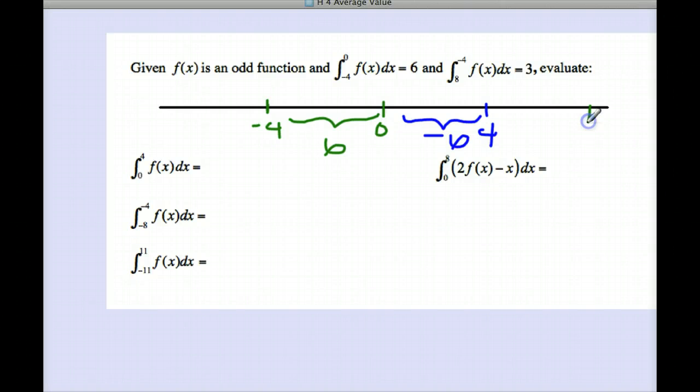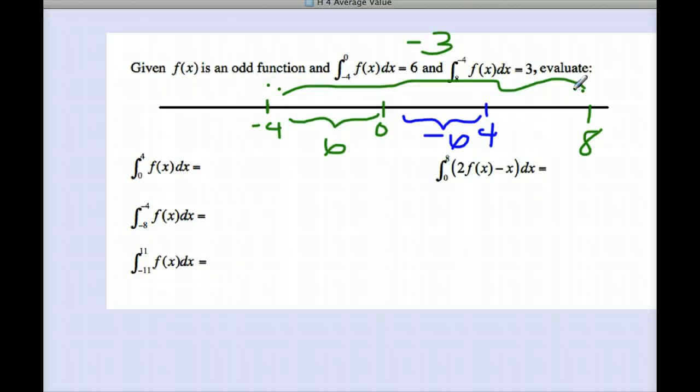So if we look at that, here's 8 all the way to -4 is a 3. But since I'm drawing this and we go from here to here, that's actually a -3. So I'm flipping this over and going from -4 to 8 instead to give me that -3. So that means if I go from -4 to -8, it has to be the opposite, which is going to be a +3.